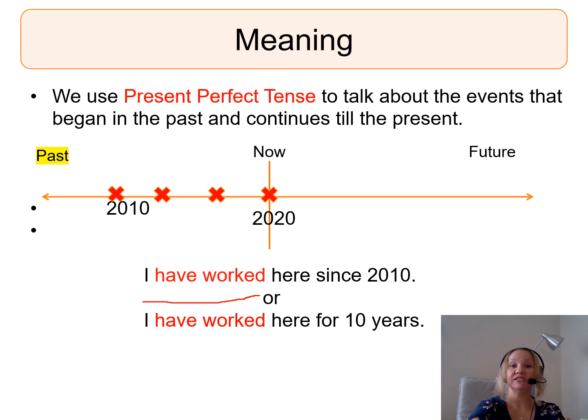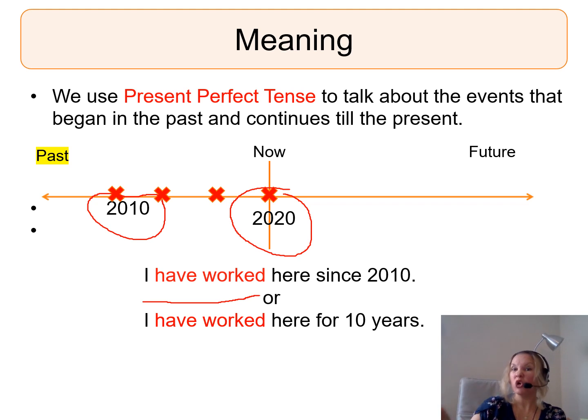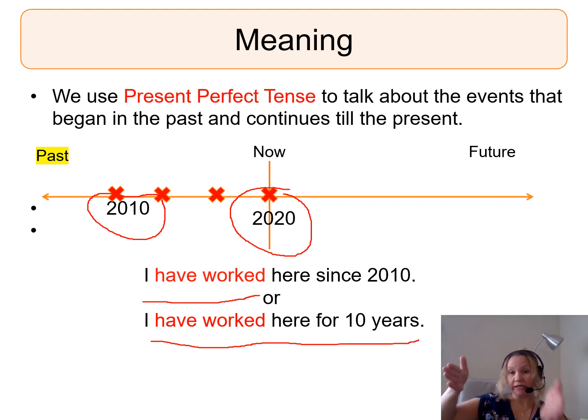I started to work for the company in 2010, and now it's 2020 and I still work for this company. Still the same example, I have worked here for 10 years, so 2010 to 2020, it's 10 years in between.